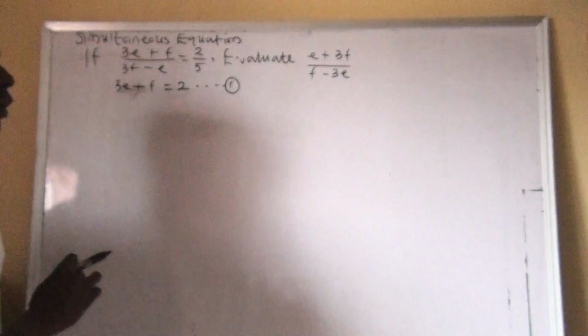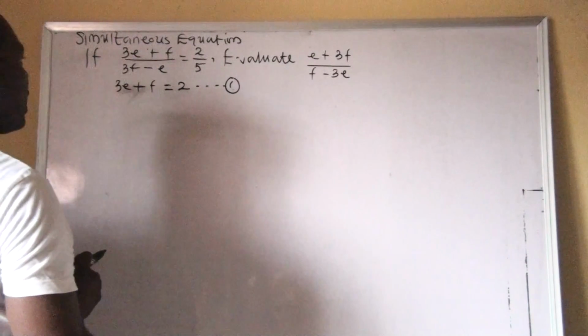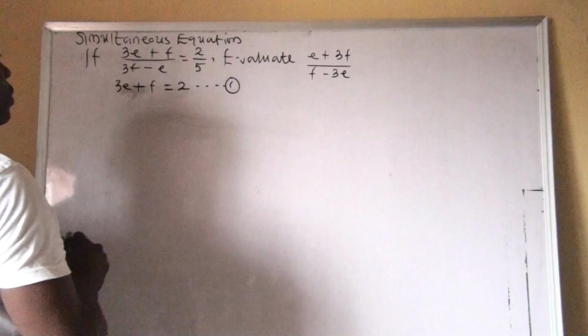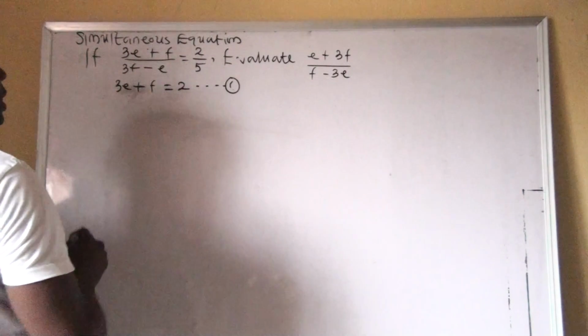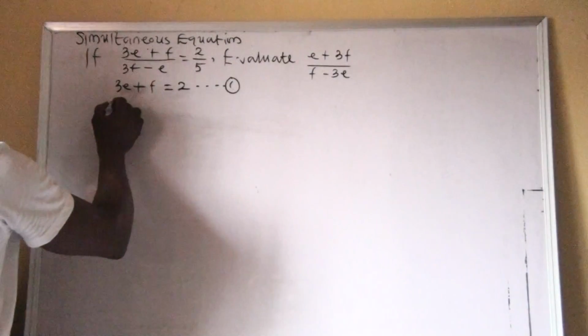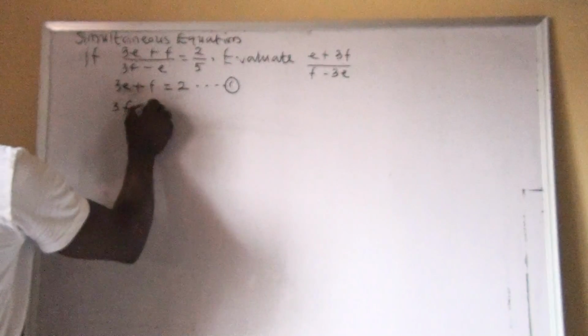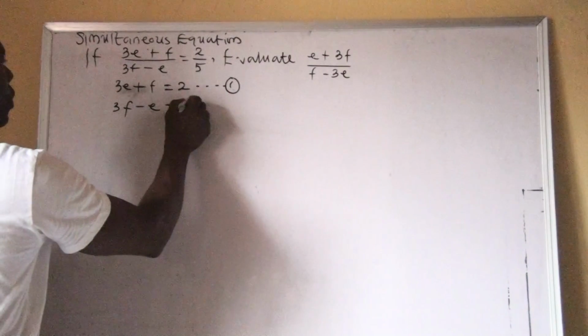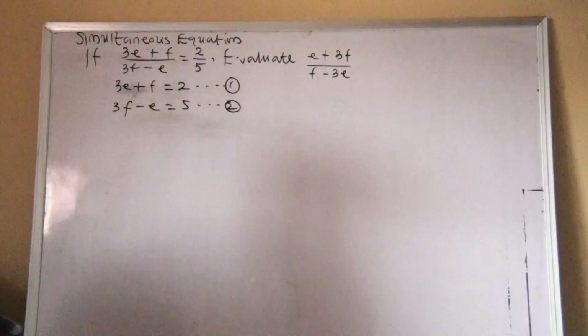That will give us our equation 1. The denominator of the left hand side must be equal to the denominator of the right hand side. So our equation 2 becomes 3f - e = 5. This will form the basis for equation 2.